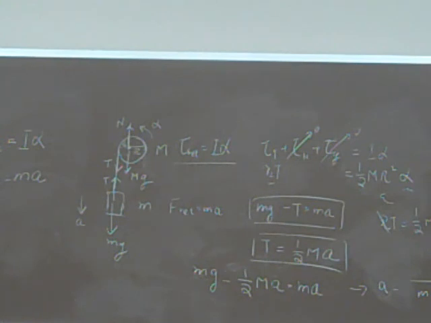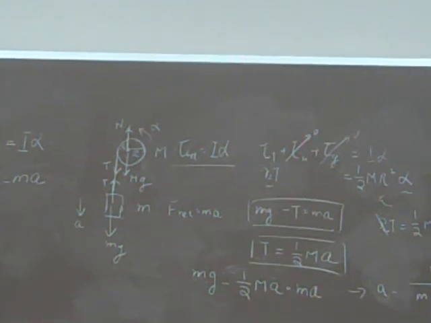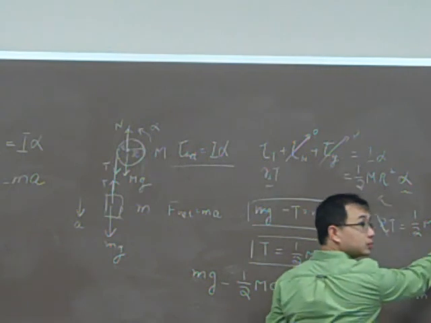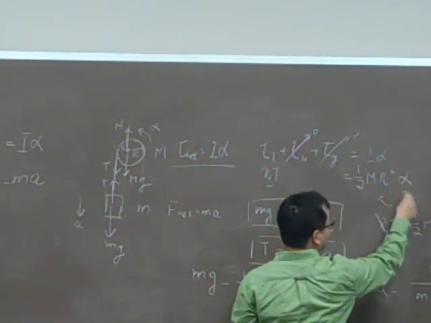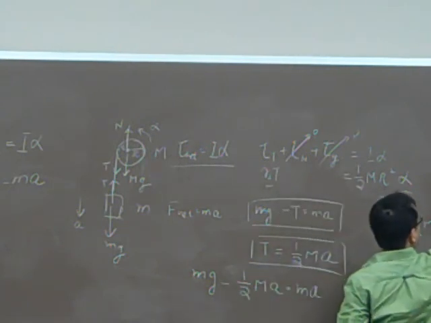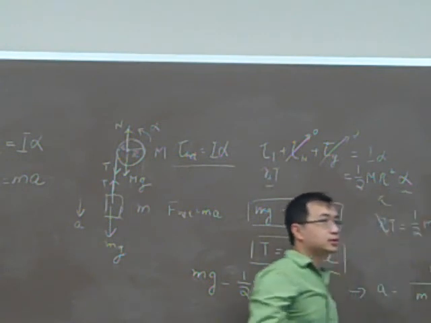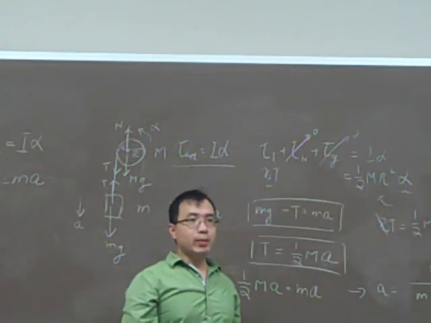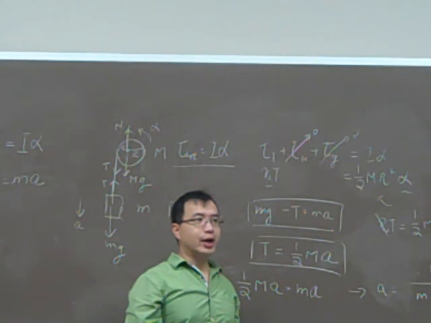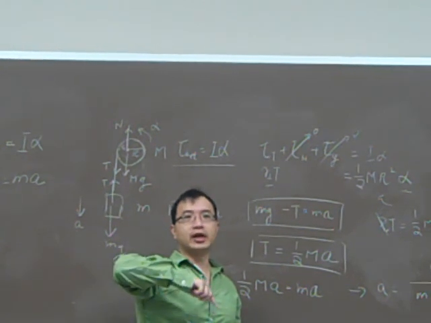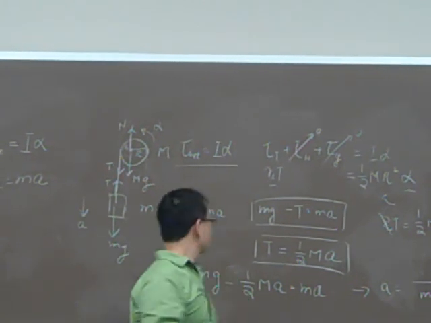On the 1/2 MR squared times A over R, how do you get the R on the bottom of the A? Alpha equals A over R. Remember that there is a relationship between all the linear quantities and the rotational quantities, right?